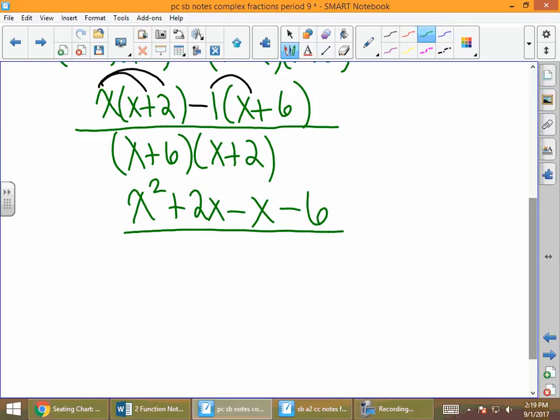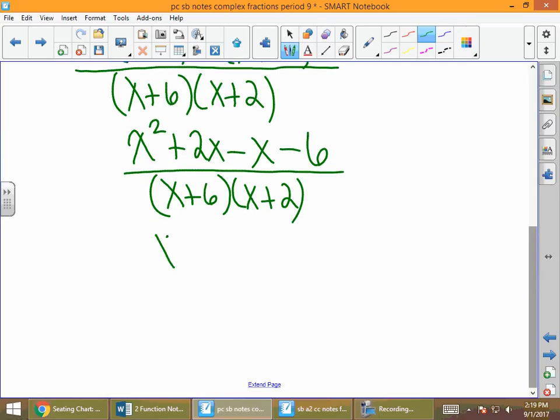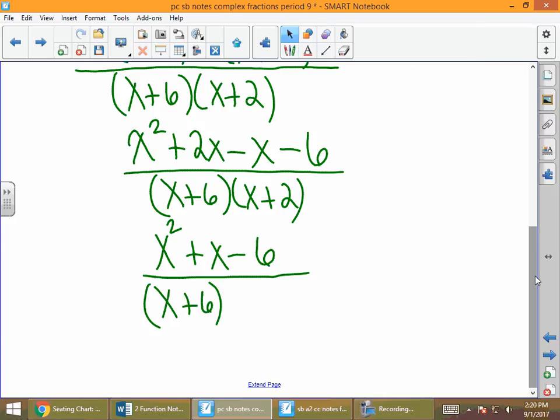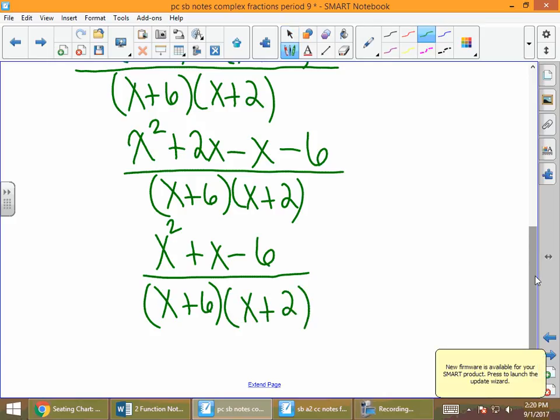And we have x plus 6 times x plus 2 still in our denominator. We combine like terms, and we have x squared plus x minus 6 over x plus 6 times x plus 2. What the heck? x plus 2.